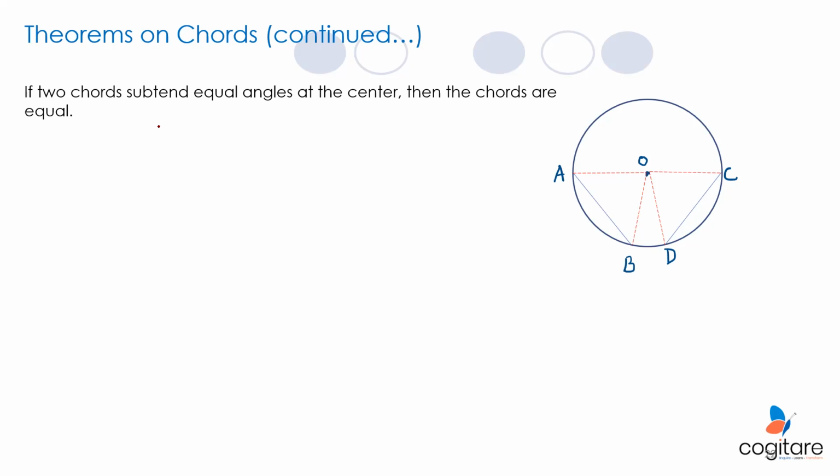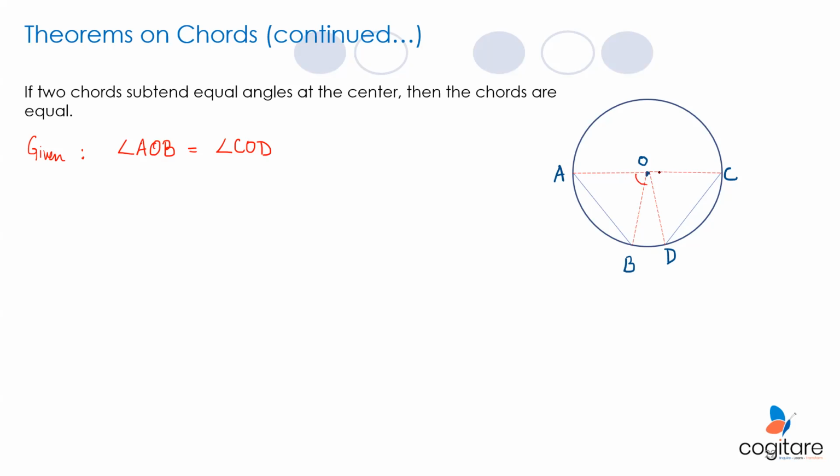Okay, so the statement goes like this: if two chords subtend equal angles at the center, then the chords are equal. Well, I'm making the statement. It is indeed true. Can you try and prove this? So in this case, given, we first begin with the fact that angle AOB is equal to angle COD, right?